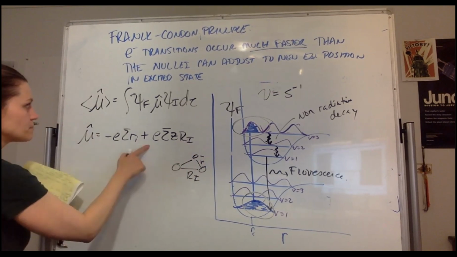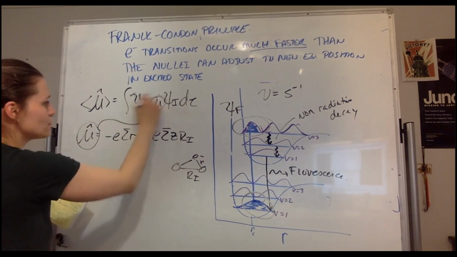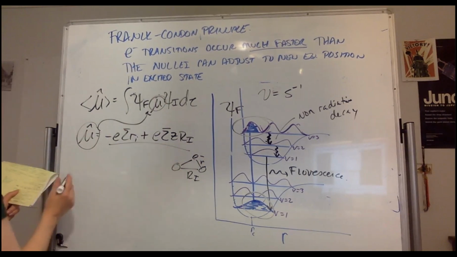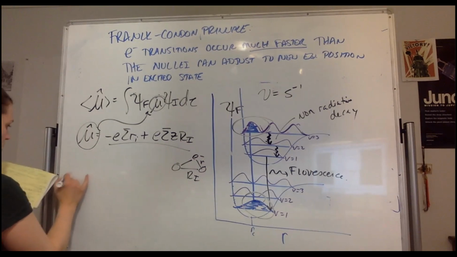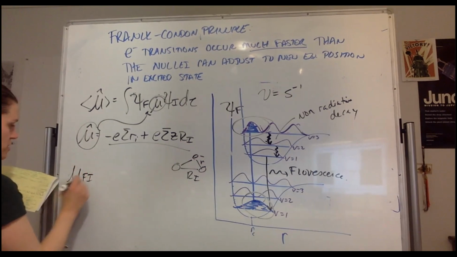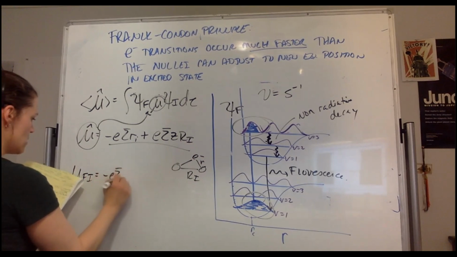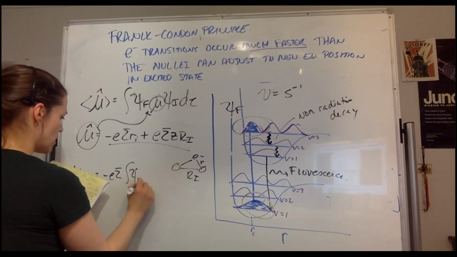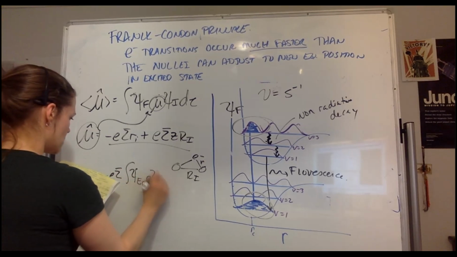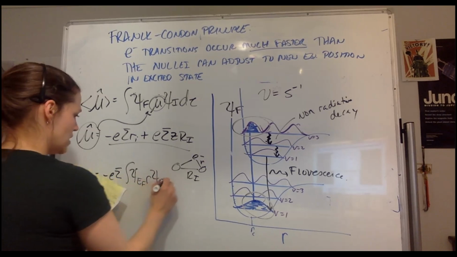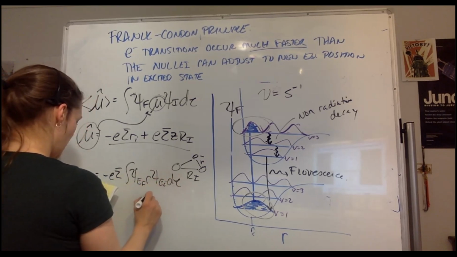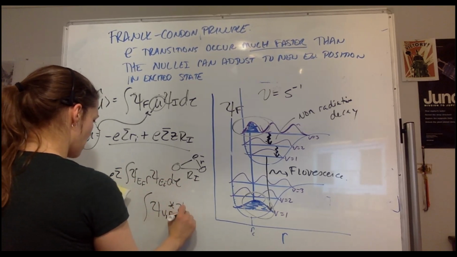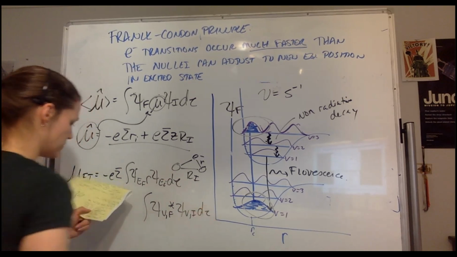So when I take this and stick it into my transition dipole moment operator, a bunch of constants come out, which is fantastic, and I'm left with mu final initial, my transition dipole moment, equal to minus e, the sum of the integral of psi electron final, R, psi electron initial, d tau, multiplied by the integral of psi vibrational final star, psi vibrational initial, d tau.